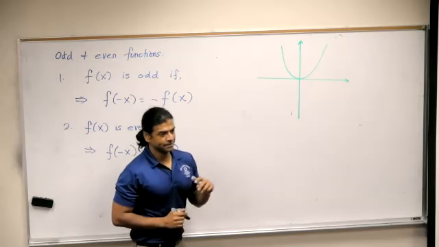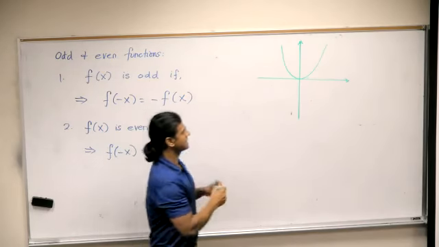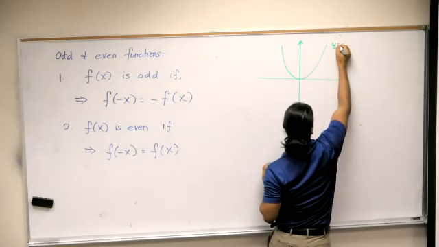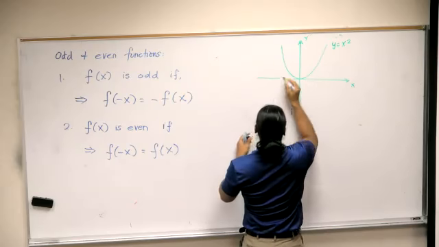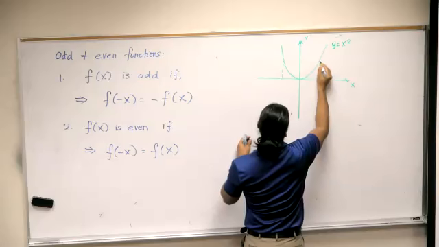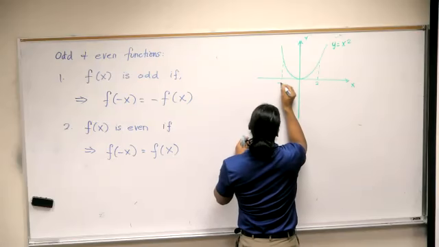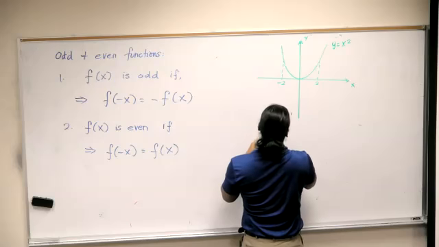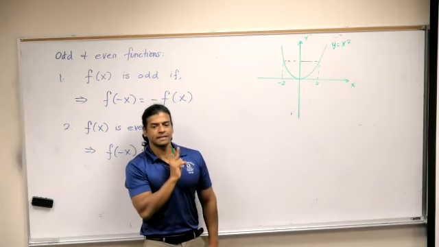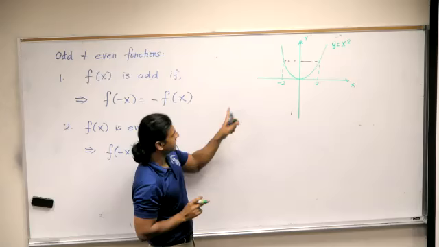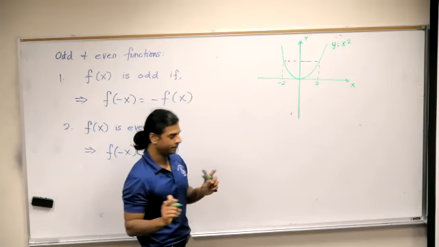That is a parabola, yes? And y equals x squared. I want to find the area between -2 and 2.